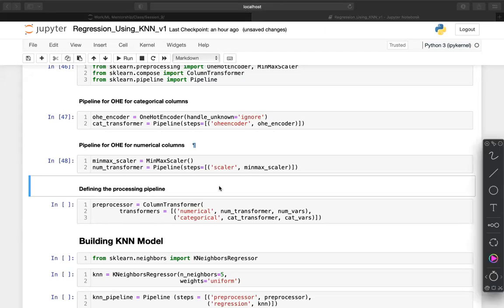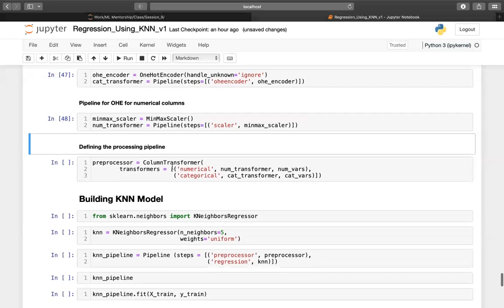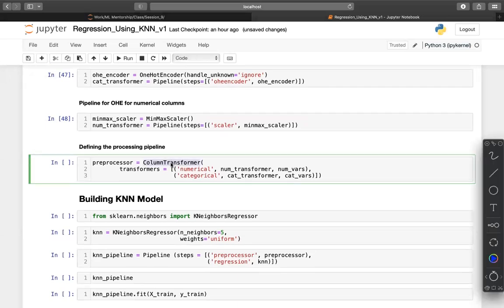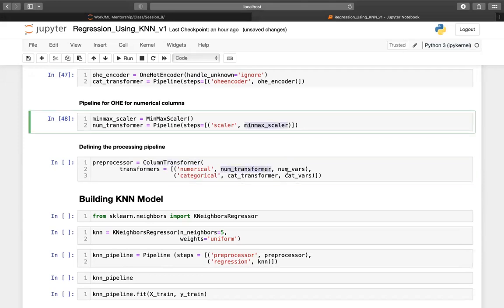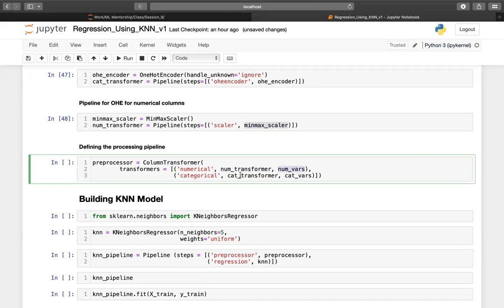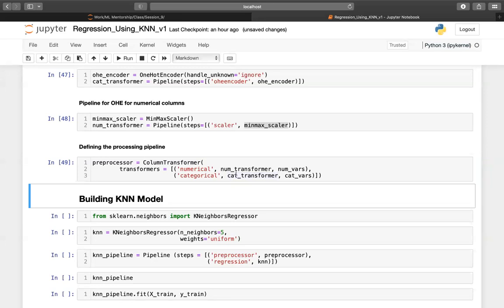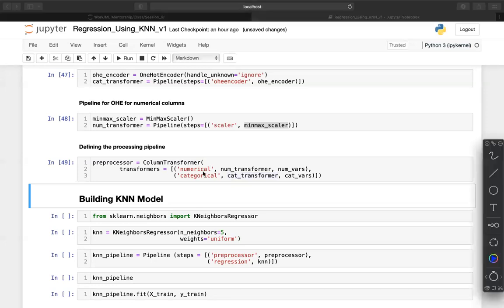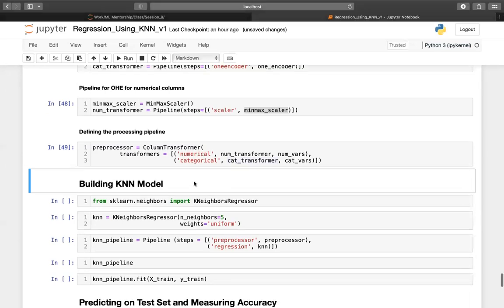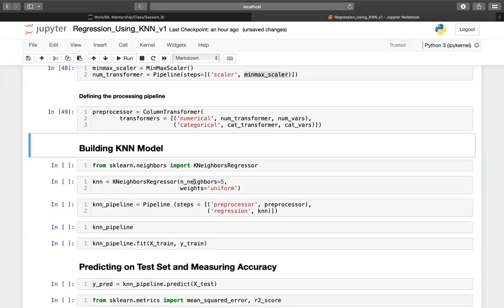And then finally we'll create the final preprocessor, called a column transformer. Here I am saying that the numerical transformer, which is the min-max scaling, should be applied to all the numerical features, and the categorical transformer, which is the one-hot encoding, will be applied to all the categorical features. So this is the pre-processing pipeline, which should be done before we build the model.